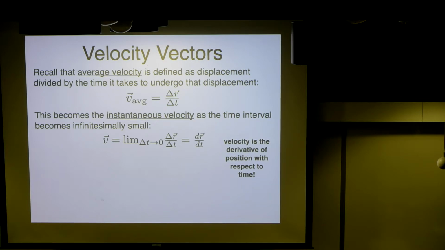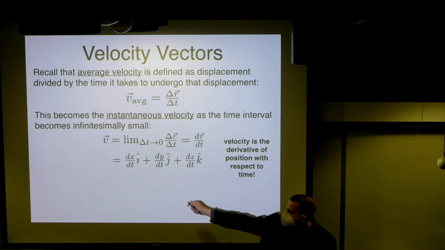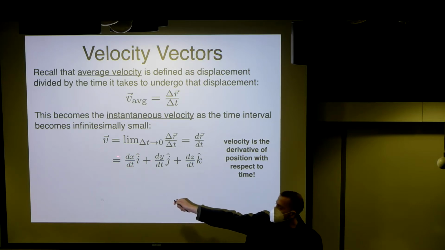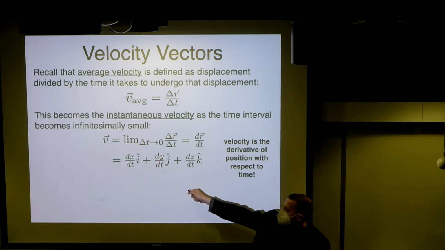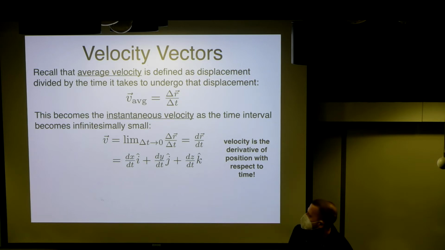But that's a vector, right? So let's try to expand this out into components and see what each component looks like. So if I'm taking the derivative of my position vector with respect to time, I'm doing that for every single component. So I would do dx dt. That's my x component. dy dt. That's my y component. dz dt. That's my z component.